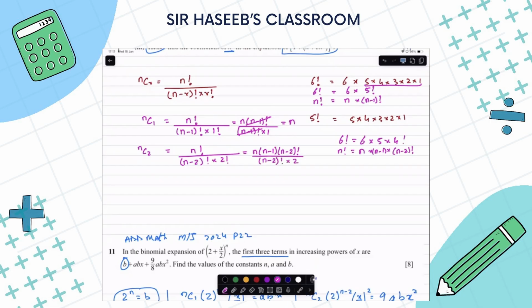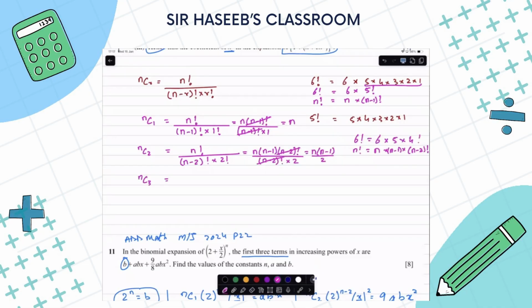Got it? Yes. This is gone, and that's n into n minus 1 over 2. Clear? Yes, sir. Sir, can't we just simply learn this as well, just in case?